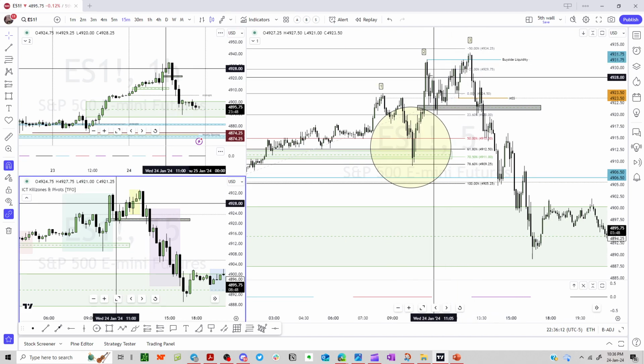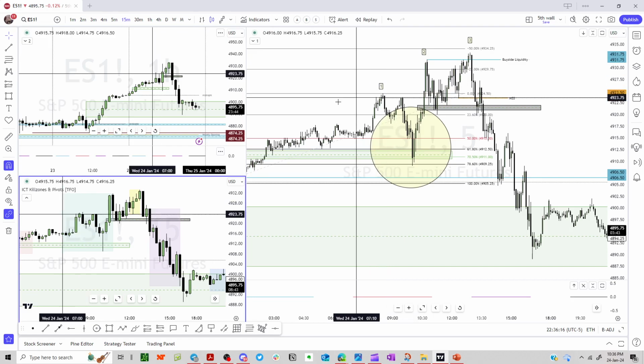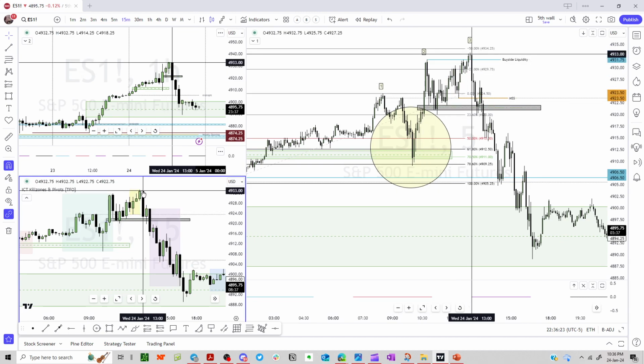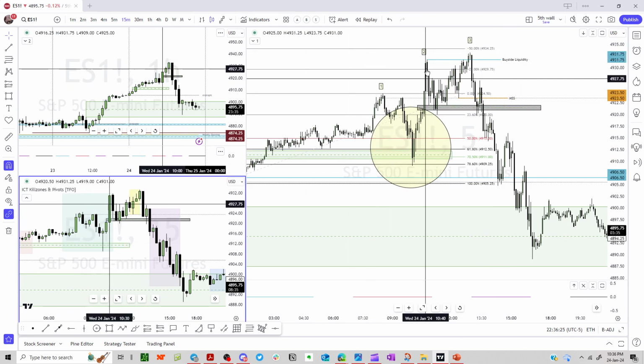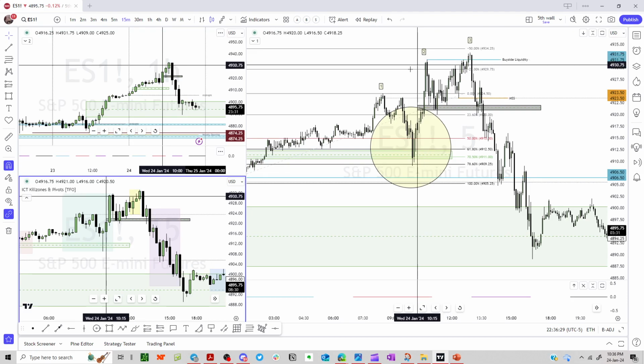But you would have to know something like this is a reversal pattern, or determine that this was the target, the AM session high, and then kind of look for price failing to hold above that level.